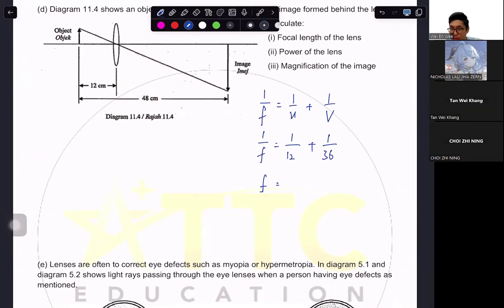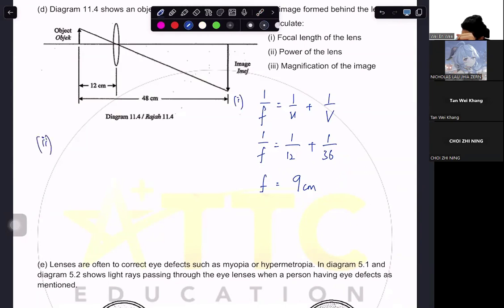Then you have to 1 over that number again. Then you will find, is it 9? Nicholas says 9. Yes, okay, very good. So 9 centimeters, because everything we use cm, so the answer will be cm also. All right, so this is part 1, focal length.